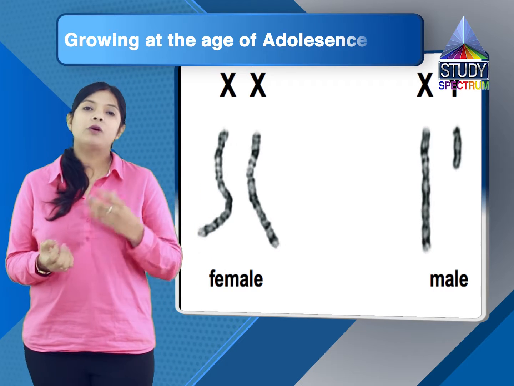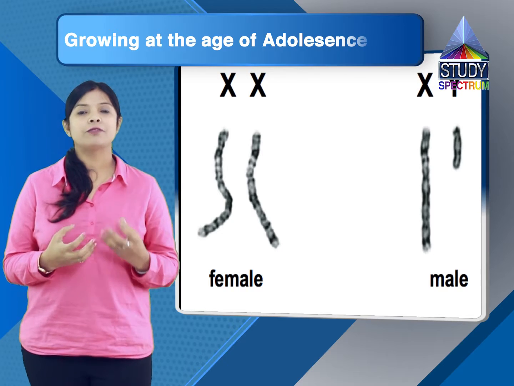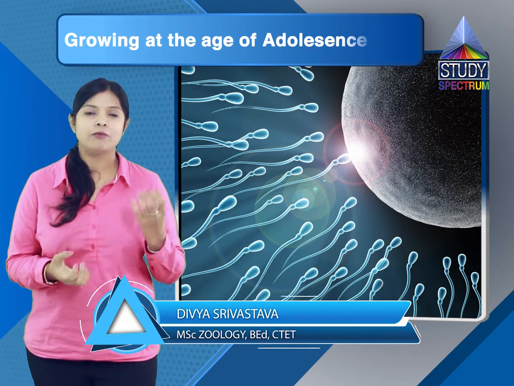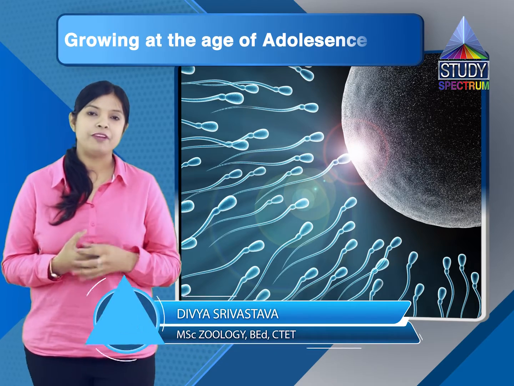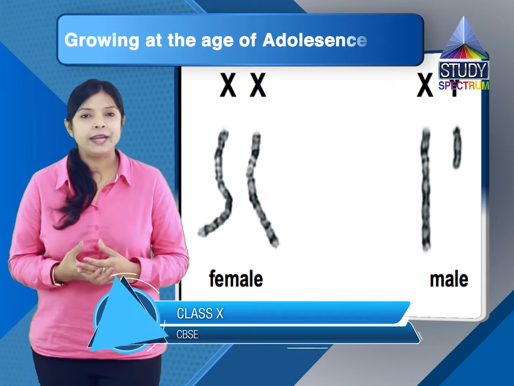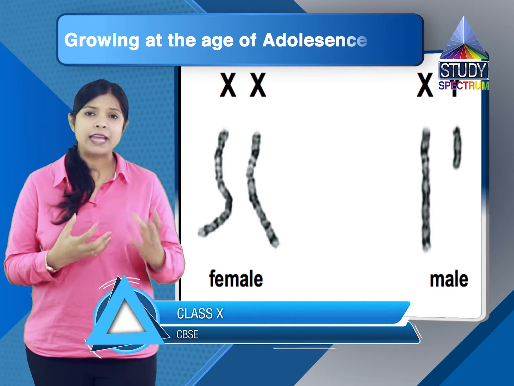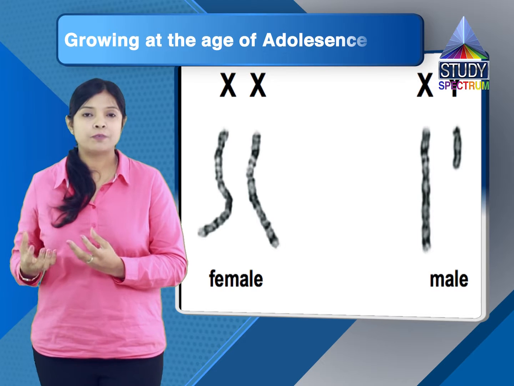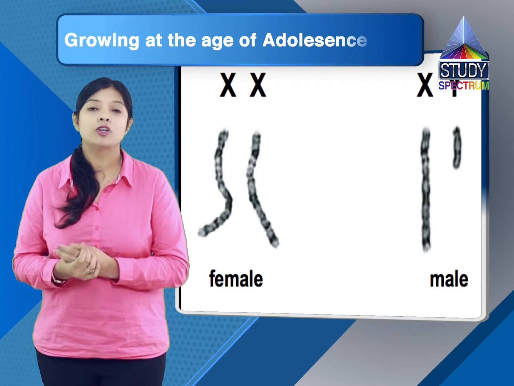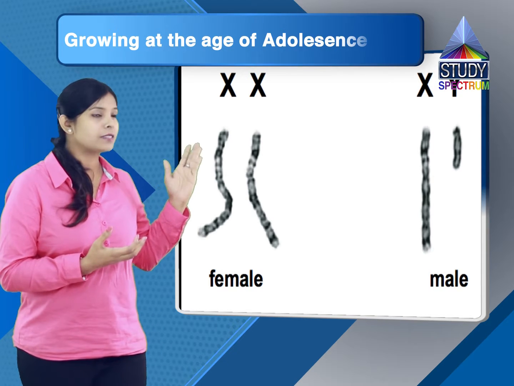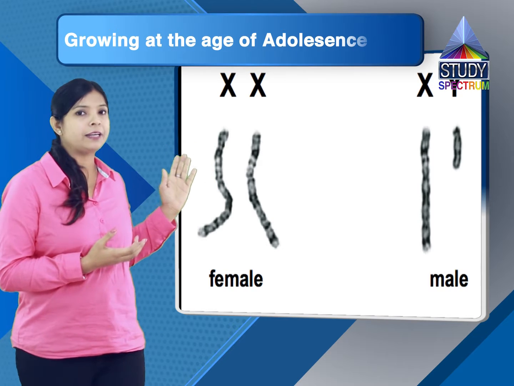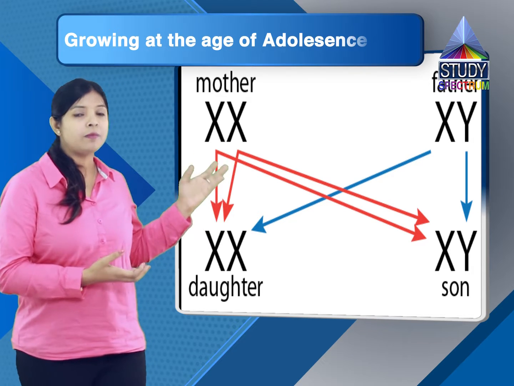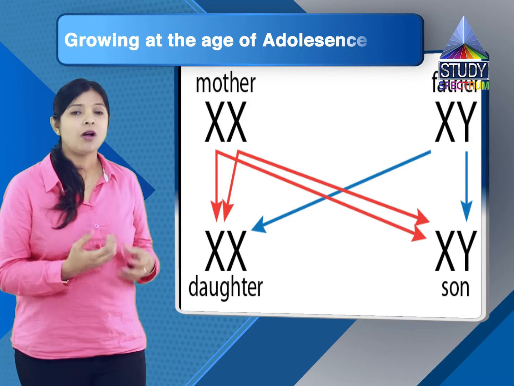So students, if we talk about the gametes which are released at the time of fertilization, these contain only one chromosome. The female gamete, the ovum, carries X, and the male gamete, the sperm, carries either X or Y. So the female has XX, the male has X and Y. When the ovum, which releases X, is fertilized with the sperm carrying an X chromosome, the resulting baby will be a girl or female.